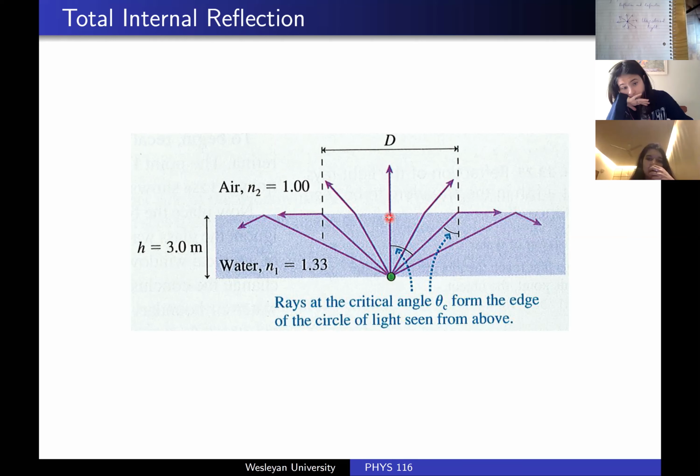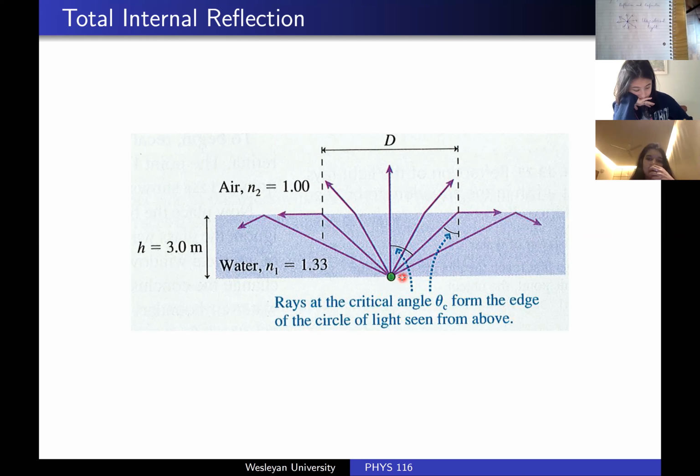So sine of 0 is 0, so it comes out at the same 0, so there's no deflection. As we change the angle, the light ray bends away from the normal, and eventually you get to a point where the refracted ray is parallel to the surface. This is called the critical angle.